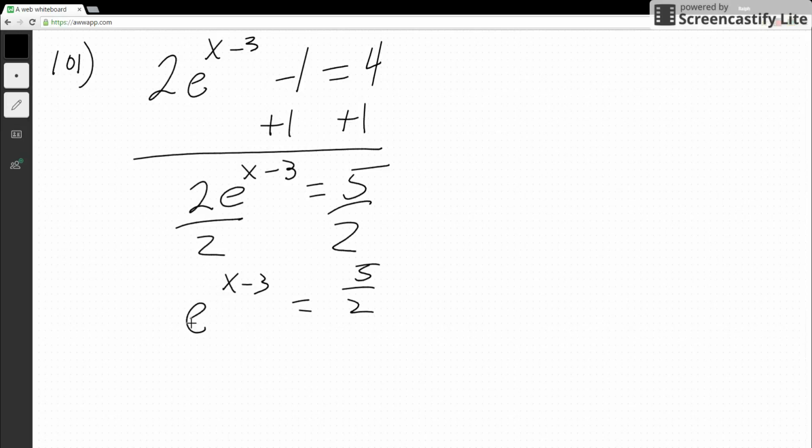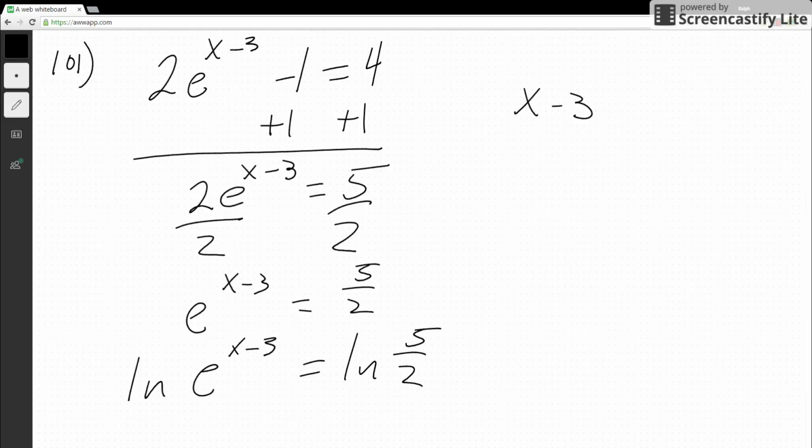And so here I got this e, so I'm going to take the natural log of both sides. And then, so kind of coming up here, what I'm going to have is just x minus 3. Right, these are our inverse, right? Equals the ln of 5 halves.